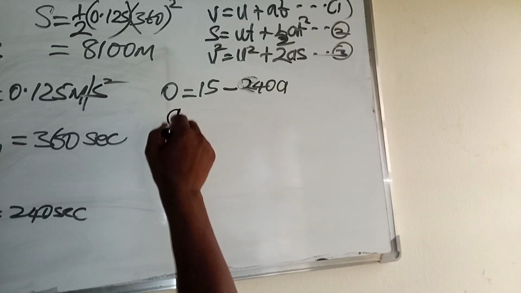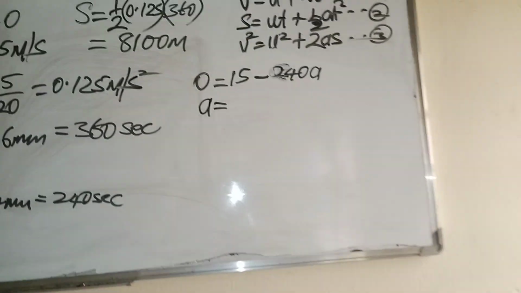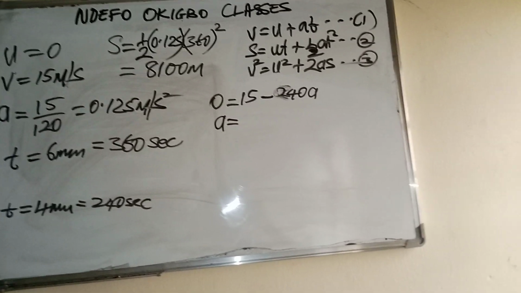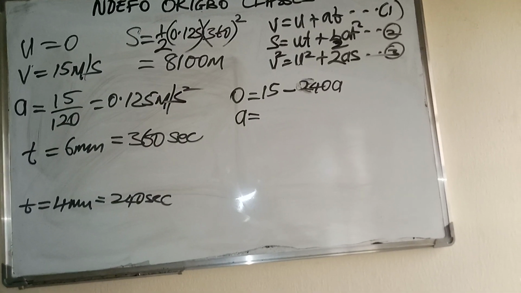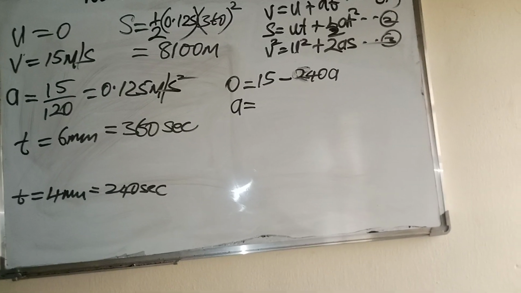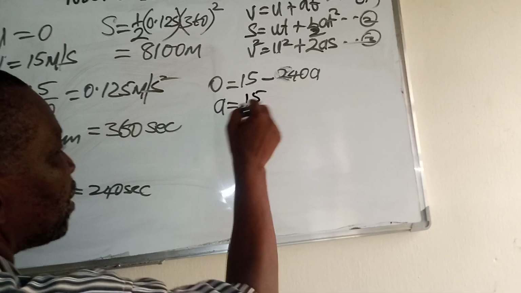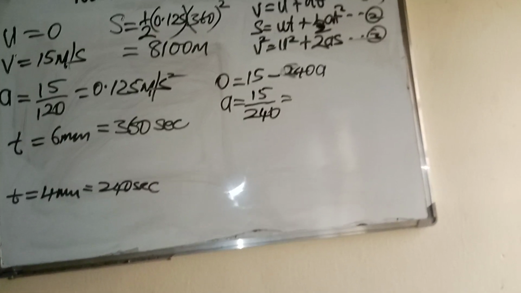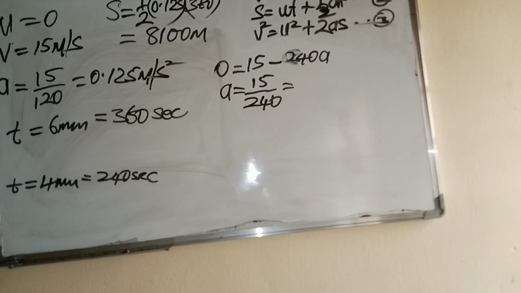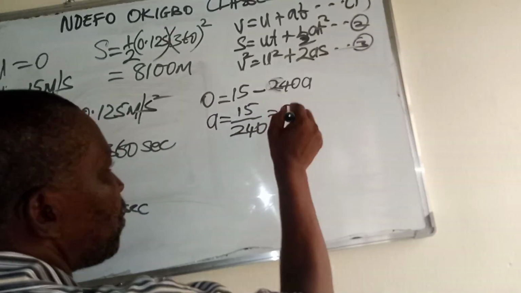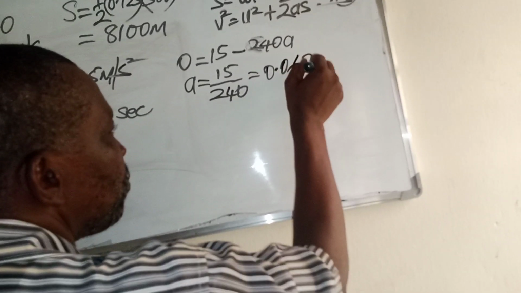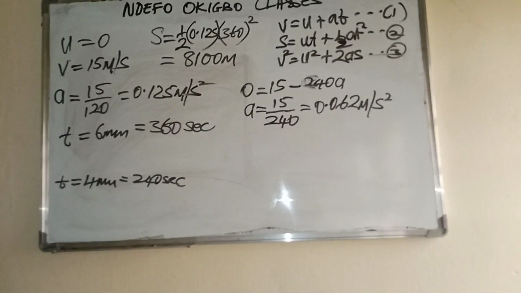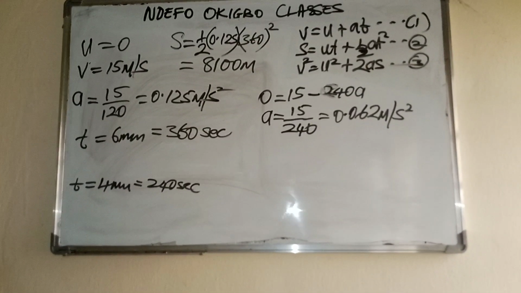So a, which is the deceleration, will be 15 over 240, which is 0.062 meters per second squared. That is the deceleration in 4 minutes.